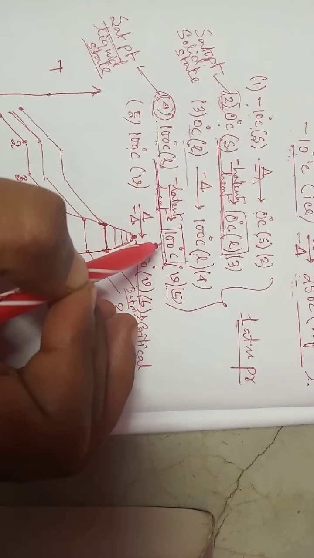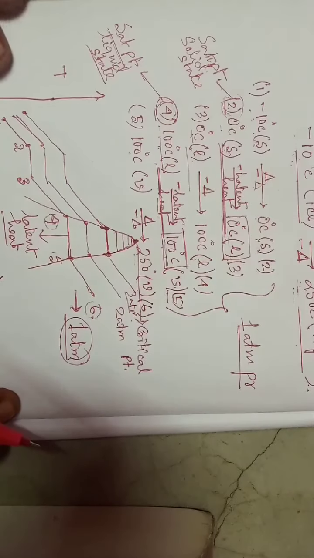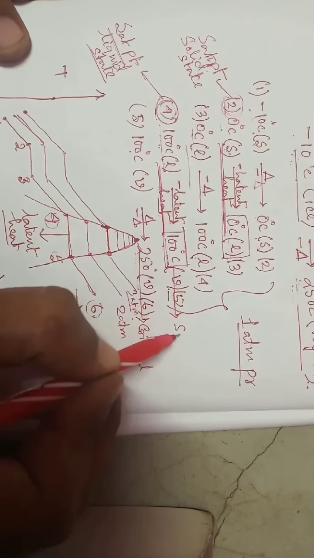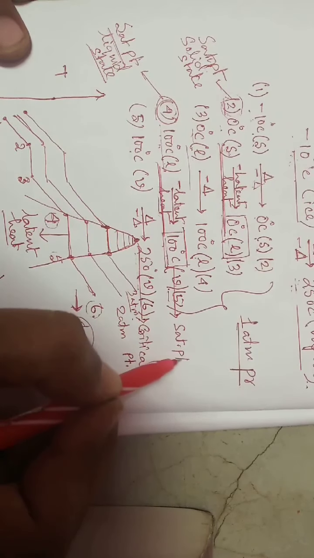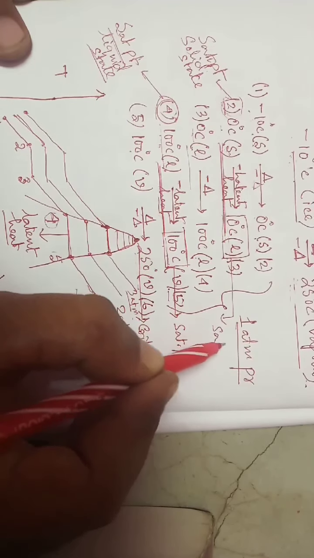So these are the 2 points when we are reversing the total situation. So that condition will be a saturated point, and that will also be a saturated point.